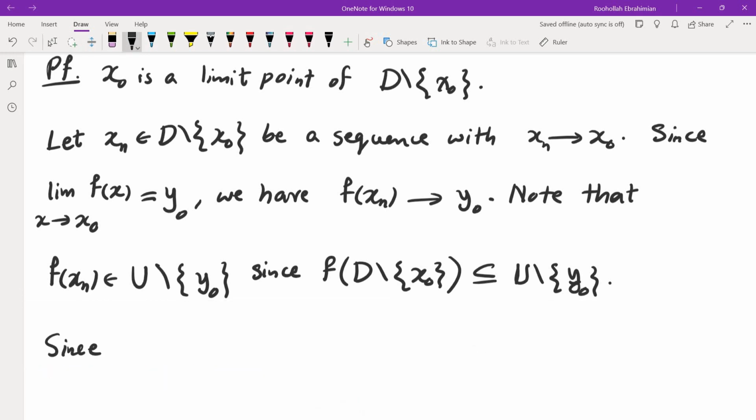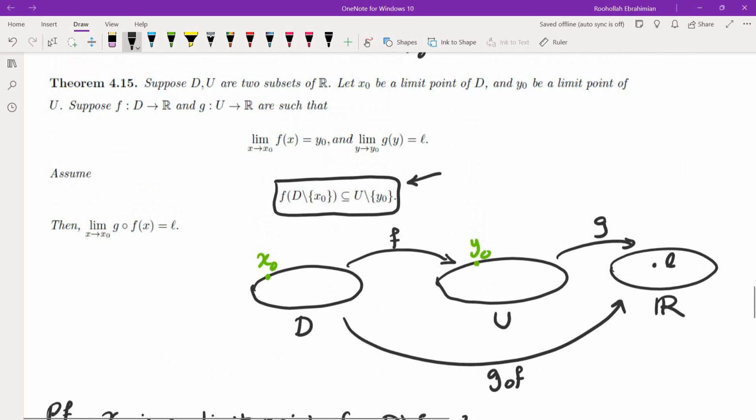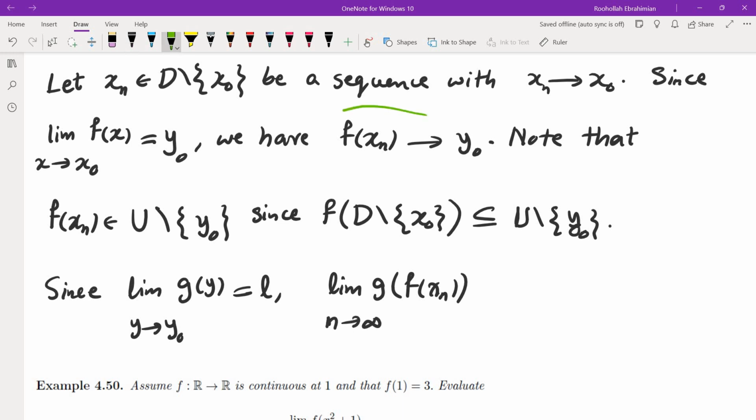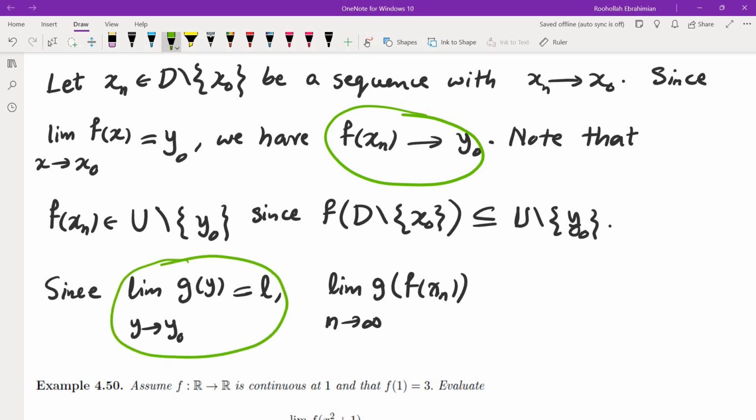Since, so let's see what the assumption was. The limit of g of y as y approaches y naught is equal to L. Now consider the limit of g of f of xn as n approaches infinity. So combine this condition that we obtained, xn approaches x naught, and f of xn approaches y naught.